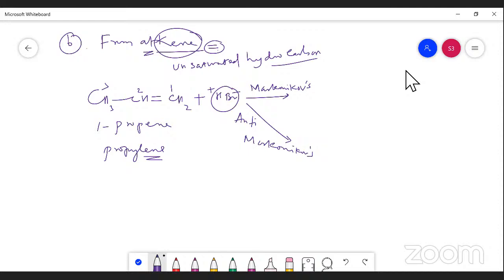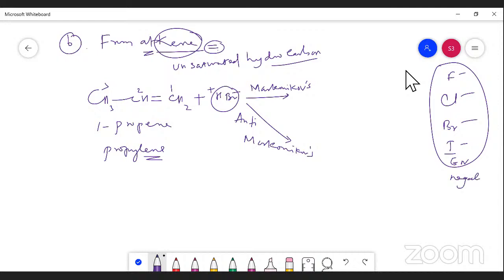Actually, all halogens can be represented as F minus, Cl minus, Br minus, I minus. These are all more electronegative, negatively charged species, and also have more electron affinity.